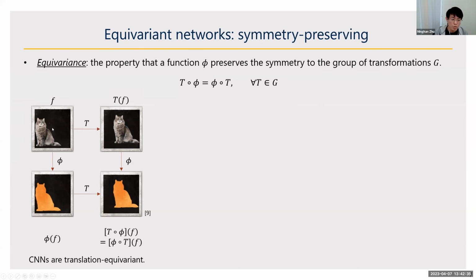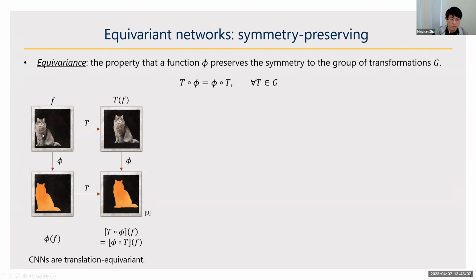You can either move the cat to another place in the image and apply the CNN model, or you can apply the CNN model first to obtain a segmented mask, and then apply a transformation. The results are equivalent. This is because convolutional networks are translation equivariant. We can see that this property enables a very important benefit, that is generalization over the translational variations of the images.